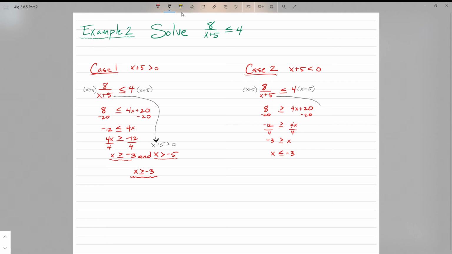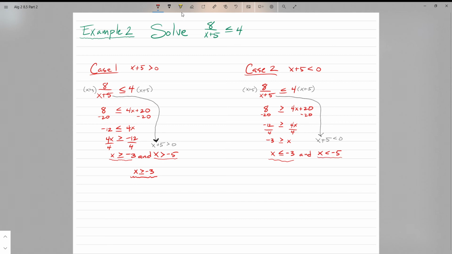Keeping in mind that we decided that x plus 5 is less than 0, negative. So we were saying that x was less than -5. So we basically went through and we said x is less than or equal to -3 on the condition that all of the numbers are smaller than -5.